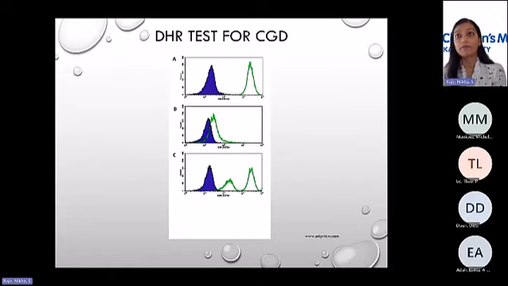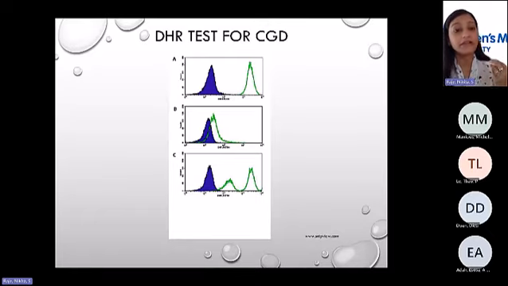Here is a histogram from dihydrorhodamine assay that is called oxidative burst test for chronic granulomatous disease. And you can see the first histogram here shows a normal person with good fluorescence. So what happens is, once you take the specimen, the neutrophils are isolated, and then they are activated with a stimulant called PMA.